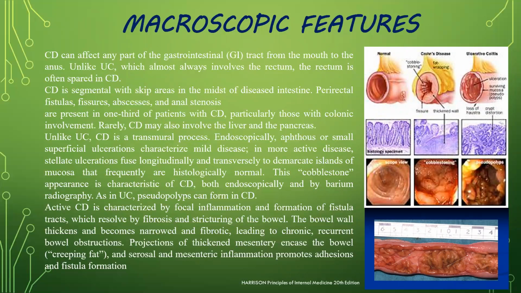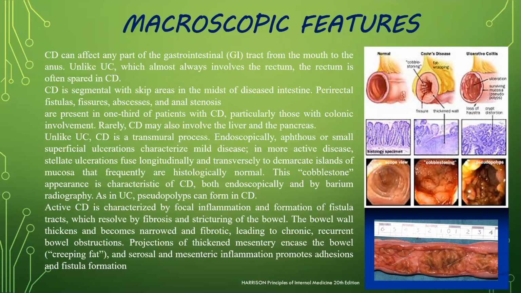Endoscopic aphthous or small superficial ulcerations characterize mild disease. In more active disease, the ulcerations fuse longitudinally and transversely to demarcate islands of mucosa that frequently are histologically normal. This cobblestone appearance is characteristic of Crohn's, both endoscopically and by barium radiography.